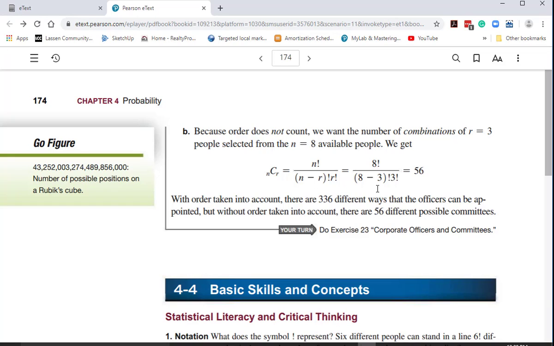Okay. So in this case, it says how many ways can we order it? Does order matter? It does. Vice president, president, this. If it does, then look, 8 factorial is equal to, here, I'll do it here.